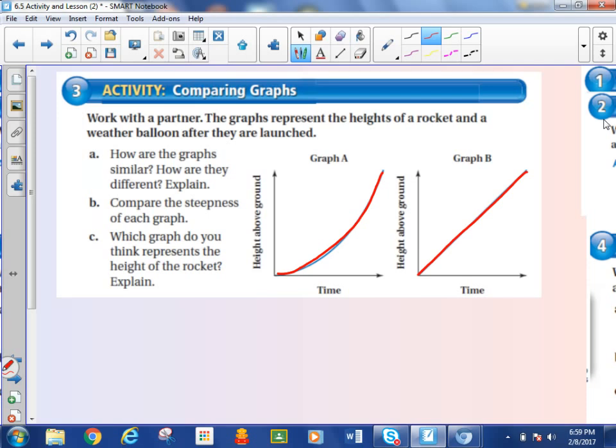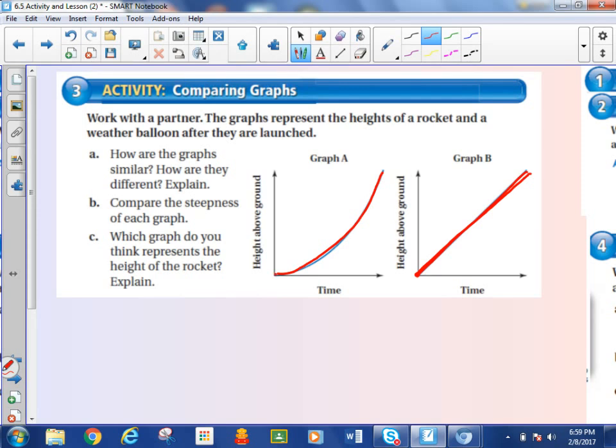So we need to think in terms of when you launch a rocket, is it where it launches and it keeps that same pace from the get-go, or does a rocket start off kind of slow and then gradually increase in its speed? Because this is going to show a constant speed from the time that you launch it until the time it gets to whatever height.